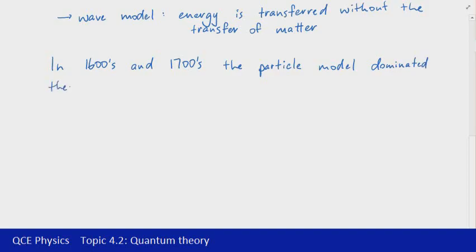And so the particle model was the one that dominated the scientific community, and that's in large part due to the work that Newton had done, and he came up with this theory. It was known as the corpuscular theory, and a corpuscle is basically just a particle of light, so hence the name corpuscular theory.